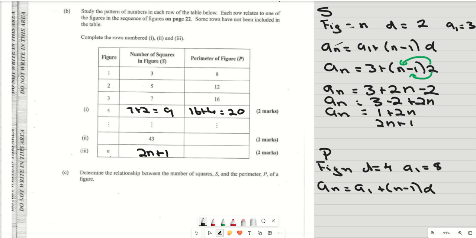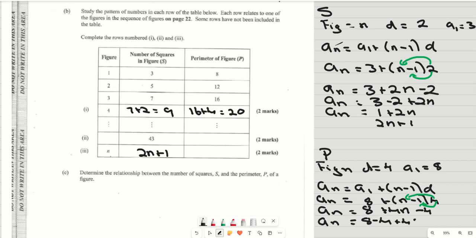So an equals 8 plus n minus 1, times 4. According to the distributive law, you multiply 4 by each term in the bracket: 4 by n and 4 by minus 1, that is plus 4n minus 4. Group like terms: 8 minus 4 plus 4n, that is 4 plus 4n, or 4n plus 4.